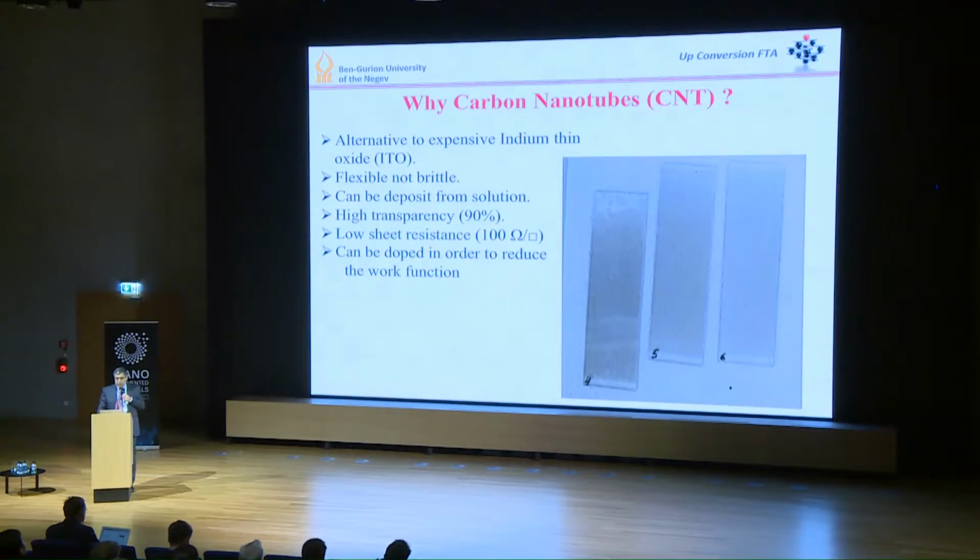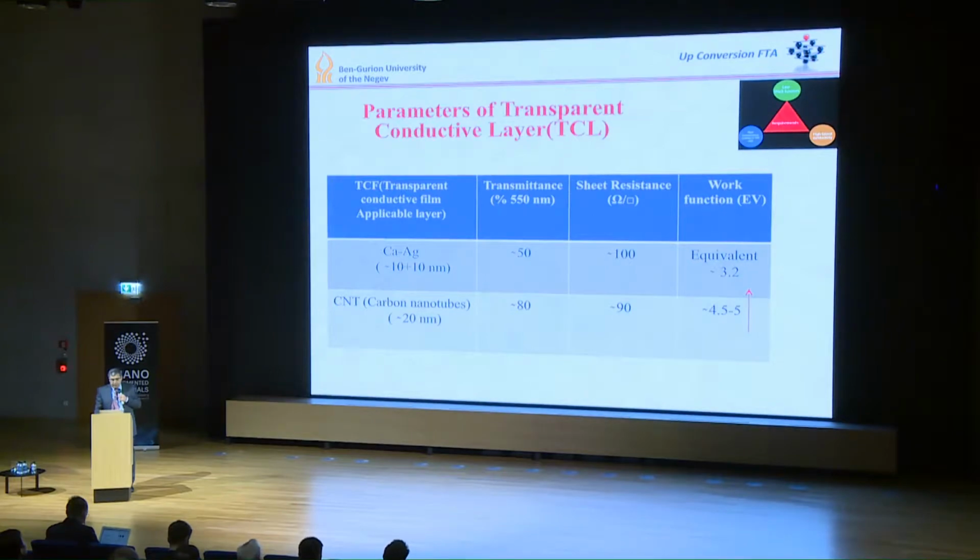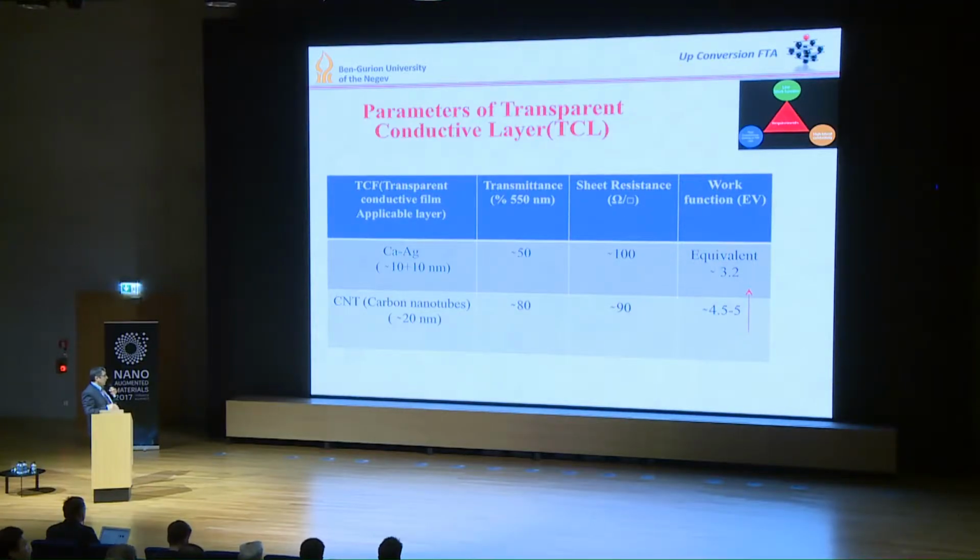But then we also have to, as I said, control the work function. So generally speaking, you can see here an example of what is the equivalent work function that we get with the staircase of calcium and argentum and calcium. And our initiative is to take the carbon nanotube to be equivalent to the combination of calcium and silver.